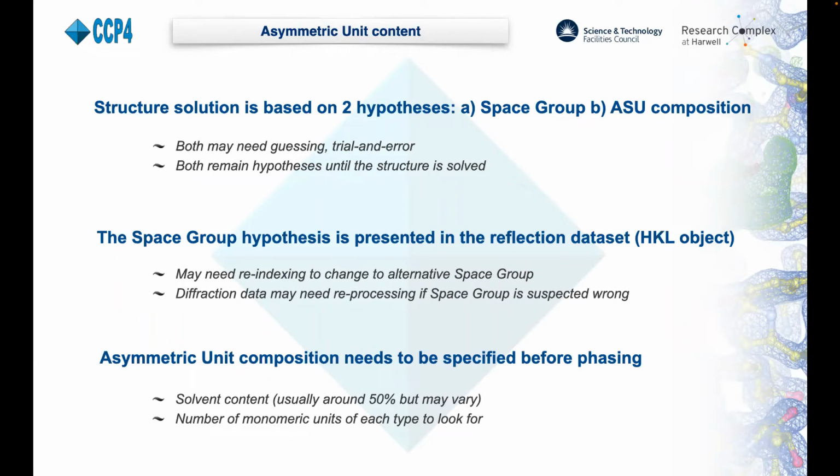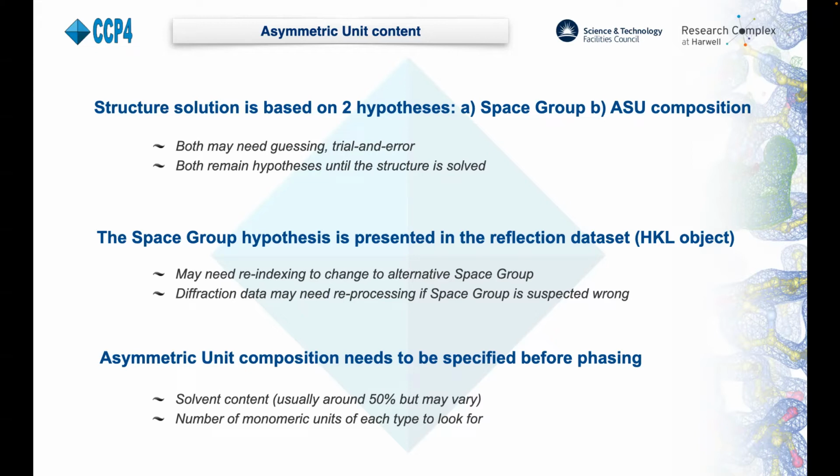A few notes about the asymmetric unit. What this is all about, because that's another rigid requirement in CCP4 Cloud. The thing is, structure solution requires two basic hypotheses, which are firstly the space group, and secondly, the composition of the asymmetric unit. And those remain hypotheses until the structure is finally solved. And they may need changing at any point of the project in a trial and error sort of process.